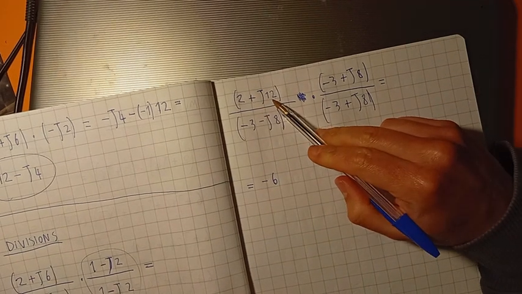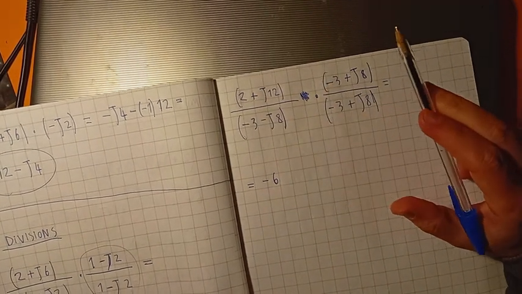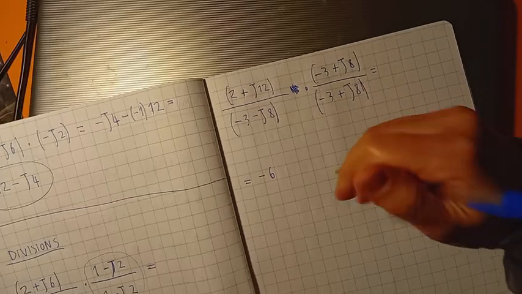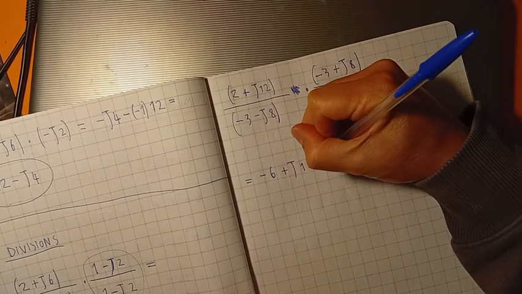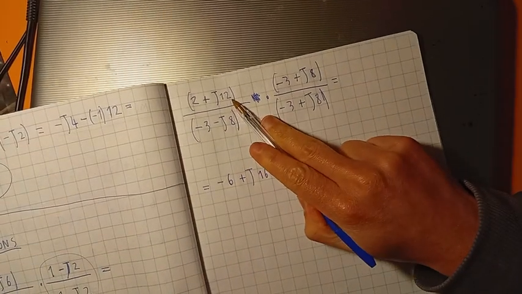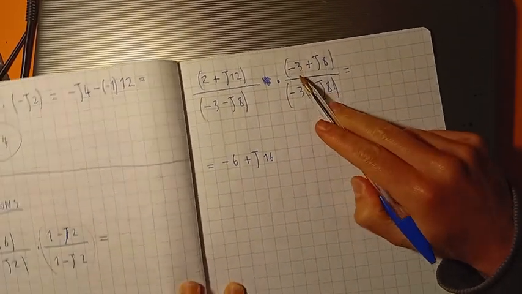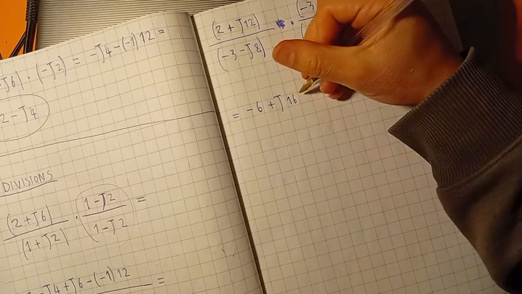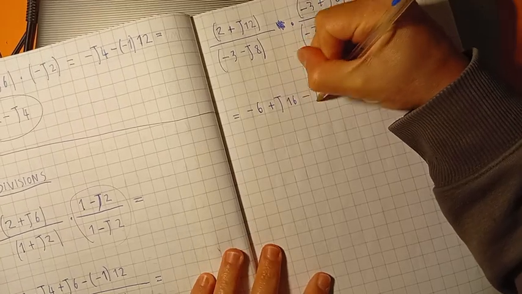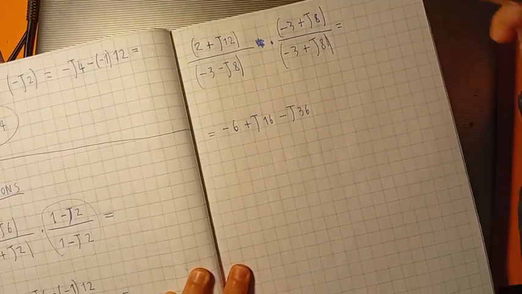Then 2 multiplied j8, the result is plus j16. Then 12 multiplied minus 3, the result is minus 36, minus j36, okay?